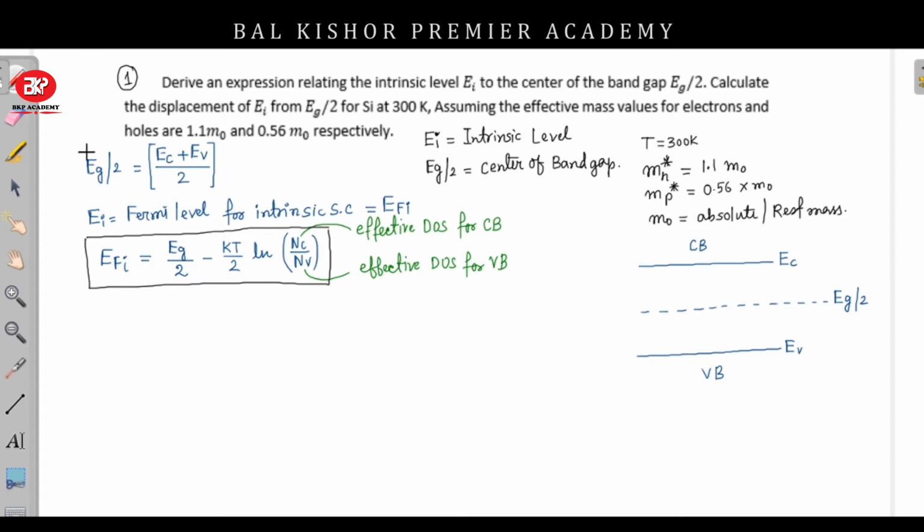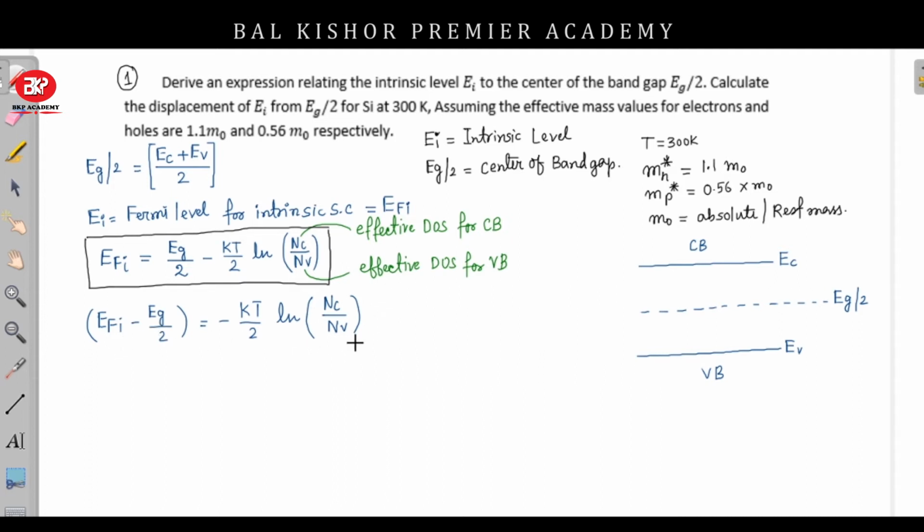So for that case, we can write from this equation that EFI minus Eg/2 will be equal to minus KT by 2 into natural logarithm of NC by NV. So this is the displacement of the EI from the Eg/2.